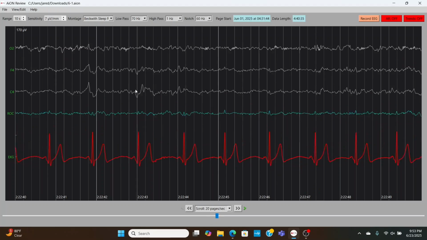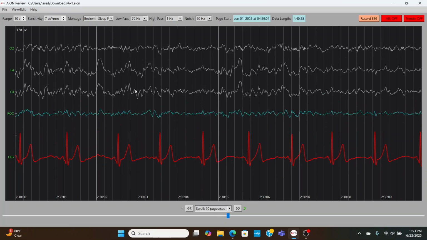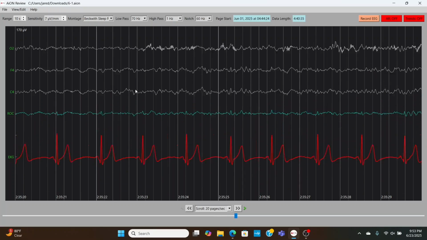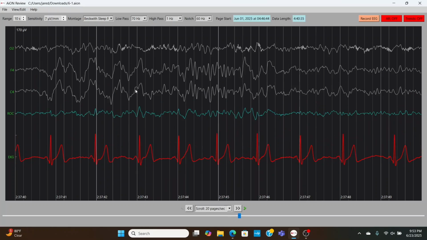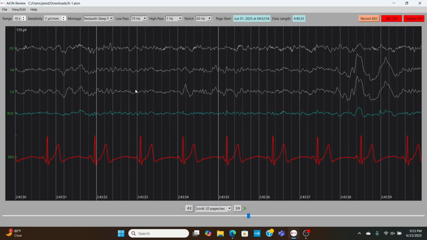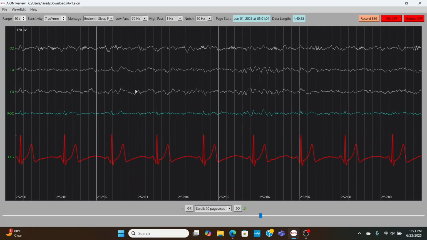And you'll start to recognize even the not-so-common normal variants, stuff like SSS, small sharp spikes, and lambda waves in the occipital region. You'll be able to see mu rhythms, a pretty basic one. That one you'd probably be able to recognize in the first year.